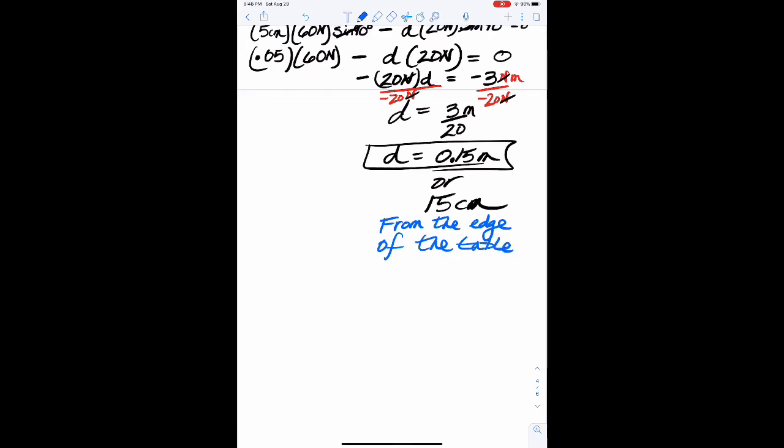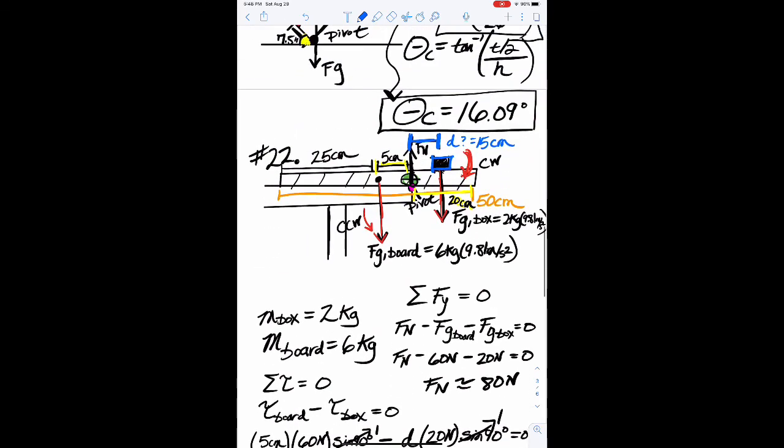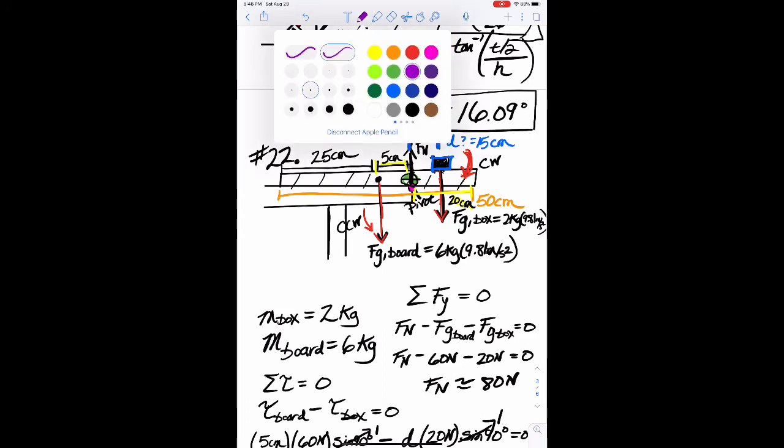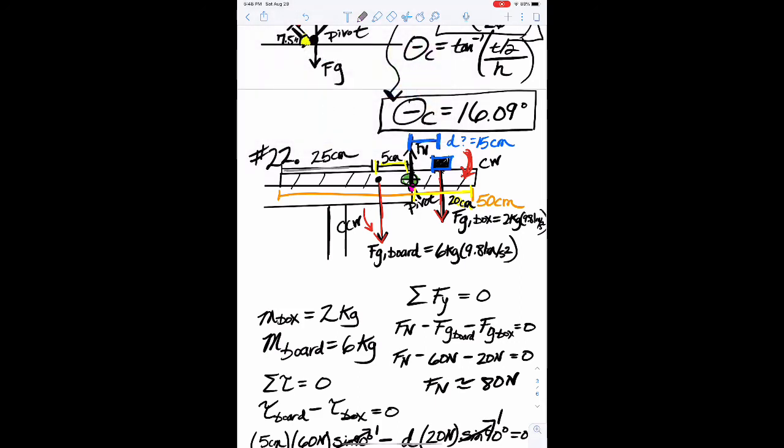If they were going to ask from the right end of the board or something like that, what would that be? Let's get a different color here, let's go gray. So this would be 25, this would be 5, that's 30, plus another 15, that's 45.